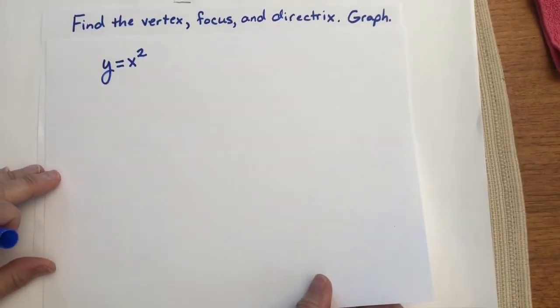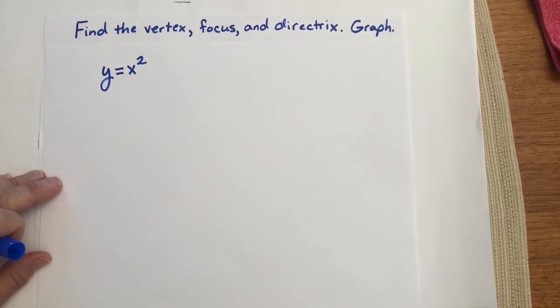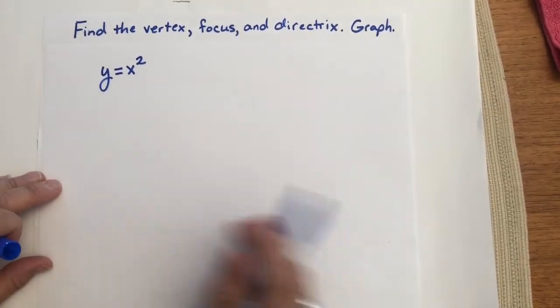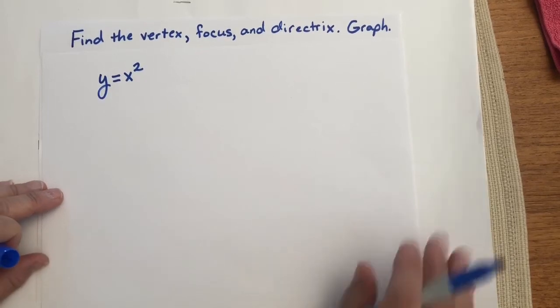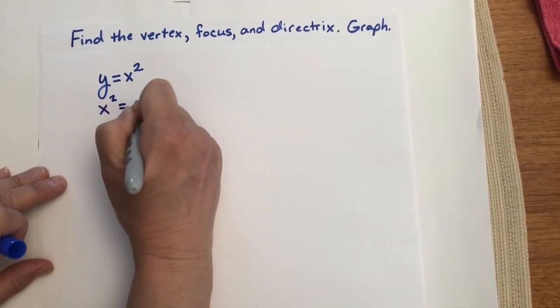I thought we would do our very familiar y equals x squared, because we often look at that as its properties as a function, but let's look at it as its properties of a conic section. I like to write it as x squared equals y.